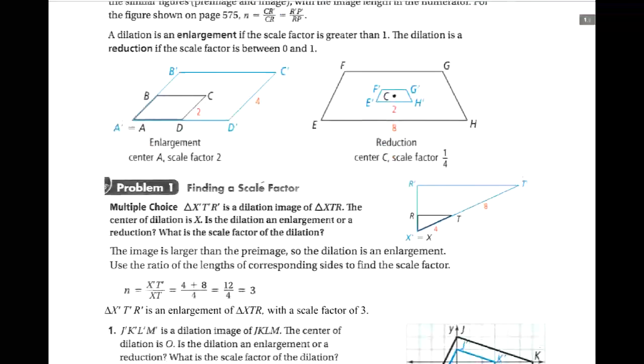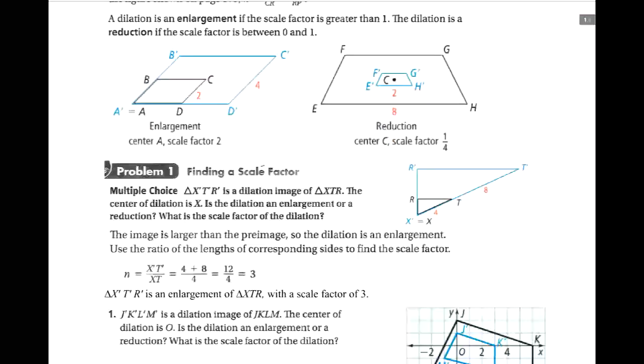All right, let's look at some vocabulary. Your dilation is an enlargement, that means it gets bigger, if your scale factor is greater than 1. So that makes sense. We're making something 2 times bigger, or 3 times bigger, or 5.7 times bigger.